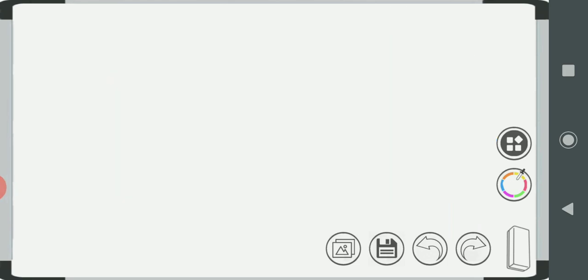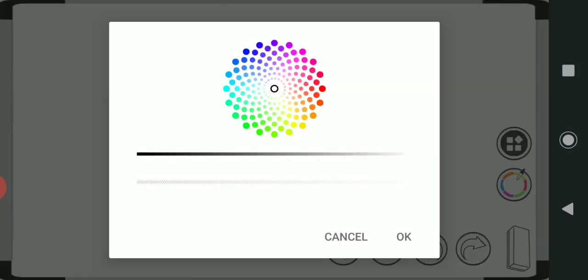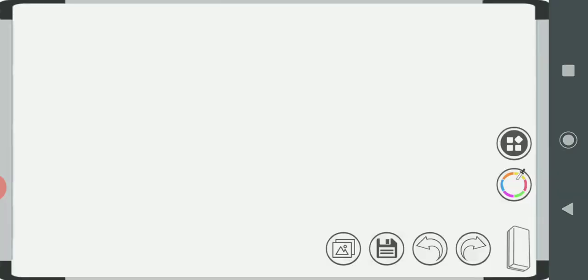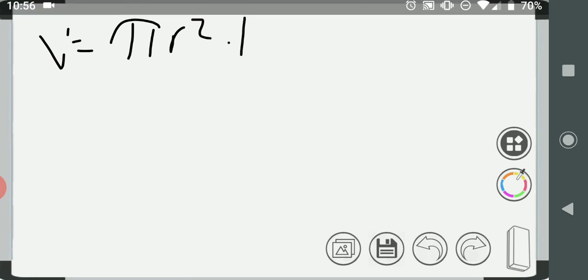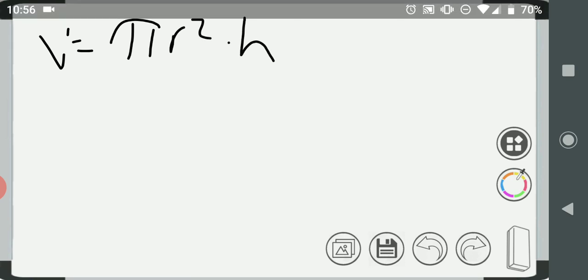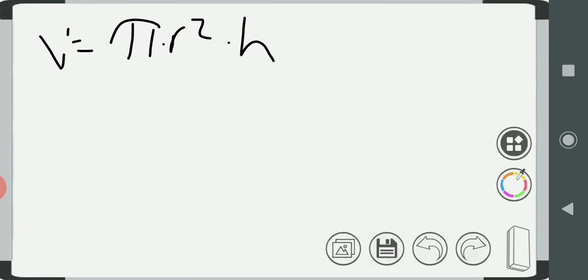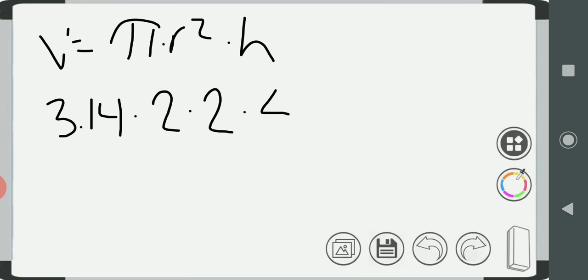Let's switch this to a different screen where we can see better. We had volume equals pi r squared times the height. You don't have to put the times in there; I'm just putting it in so you remember. So 3.14 times 2 squared, which is 2 times 2, times our height, which was 4.